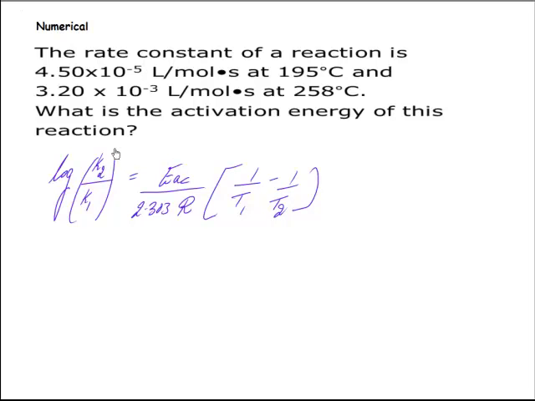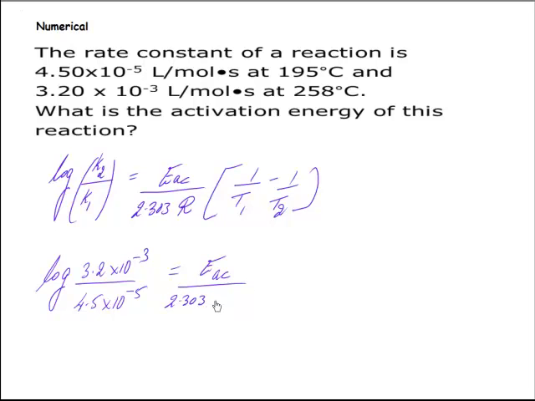Now T1 and T2 are both given in degrees Celsius, but we'll have to convert them into Kelvin to get the correct answer. So log K2 by K1 is 3.2 into 10 to the power minus 3 upon 4.5 into 10 to the power minus 5. Energy of activation is what we need to find out.